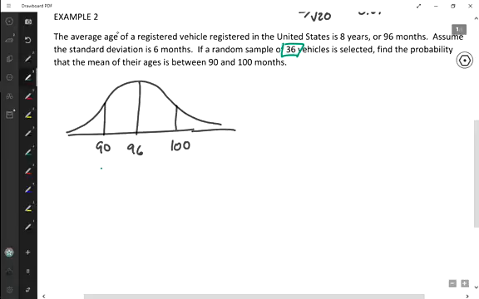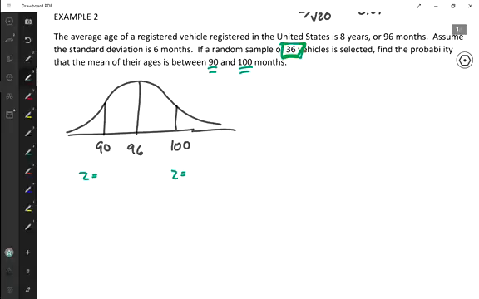So we need to find the z-scores for each of these values, but we have to keep in mind how to calculate it based on 36. These are not individual values, these are means: the mean of these 36 vehicles' age is between 90 and 100 months.